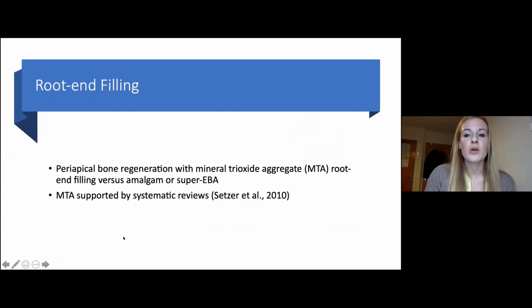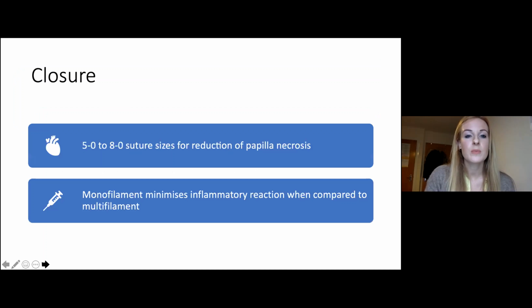So as I said before, previously amalgam and Super EBA would be indicated, now we've moved on to bioceramics, and MTA being the preferred gold standard as supported by the systematic reviews.